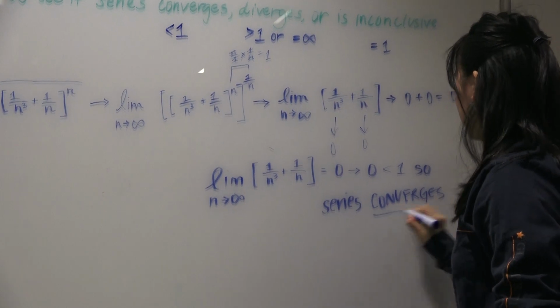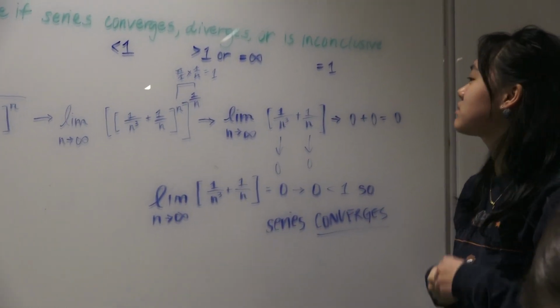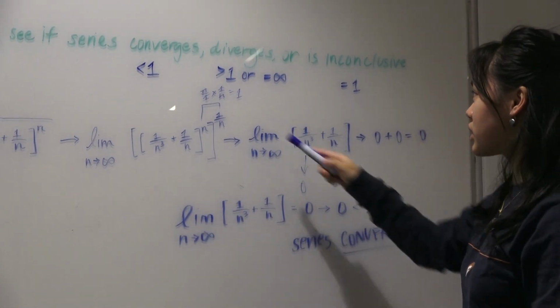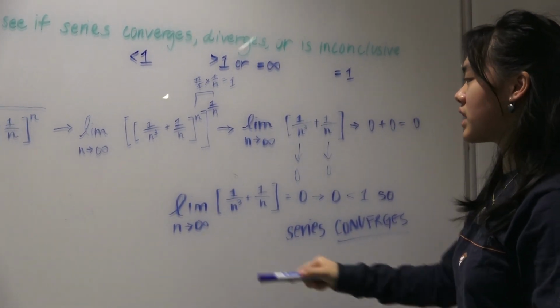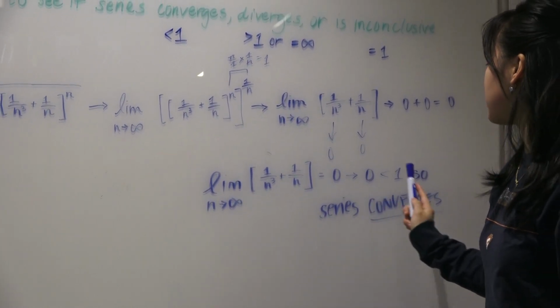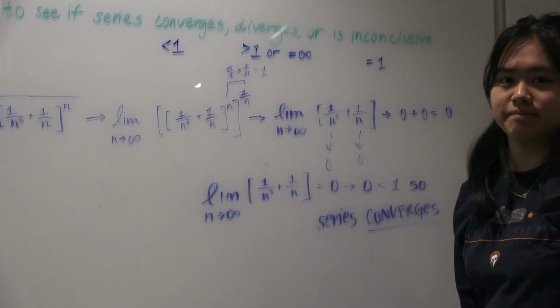And that is how you can use the root test to see if your series converges, diverges, or is inconclusive. In this case, because your limit is equal to 0, which is less than 1, it's going to converge.